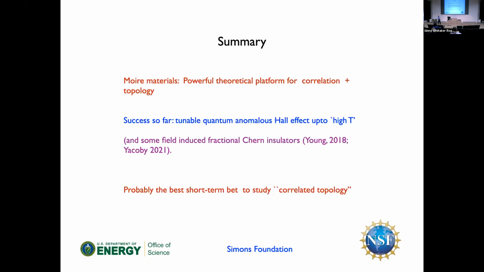Now this more recent experiment is on twisted bilayer graphene, in sort of the same doping range that I've been talking about, but now in the valence band, I think. And what Yacoby's experiment shows is that you need about a 5 Tesla field to push the system into a fractional Chern insulator.